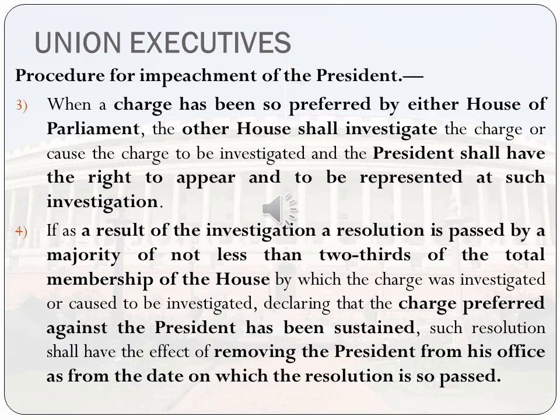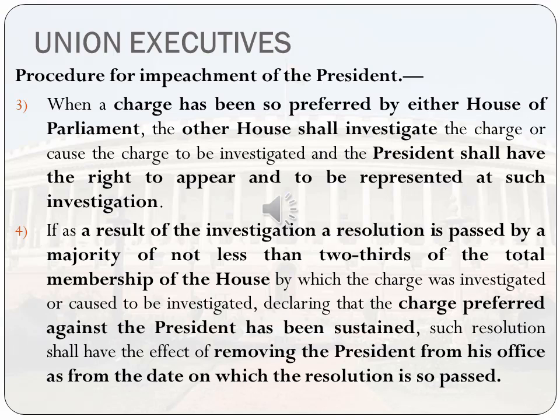That is, if it is preferred by either house of the Parliament, either by Lok Sabha or the Rajya Sabha, then the other house shall investigate. If it is preferred by Lok Sabha, then Rajya Sabha shall investigate. If it is preferred by Rajya Sabha, then Lok Sabha will investigate the charge, and the cause of charge shall be investigated, and the President shall have the right to appear and be represented at such investigations.